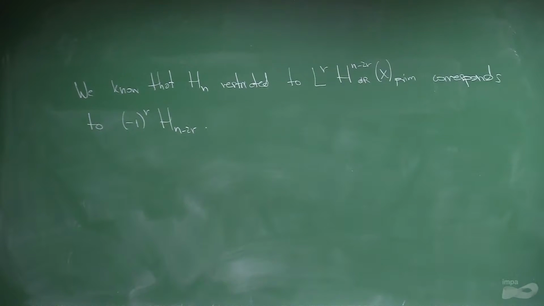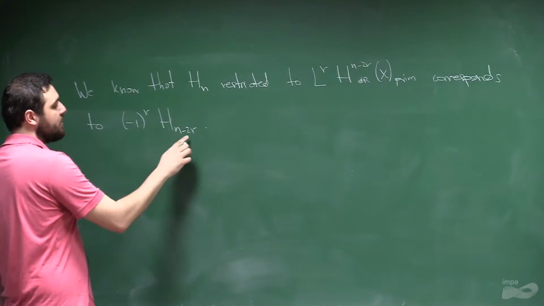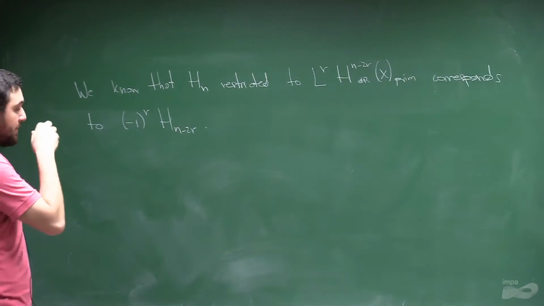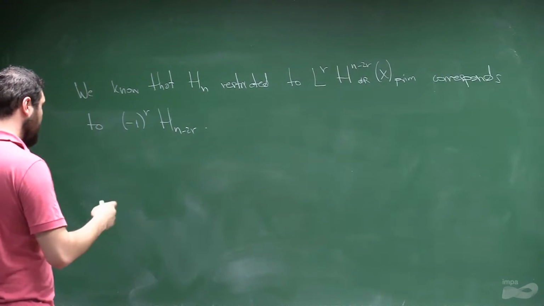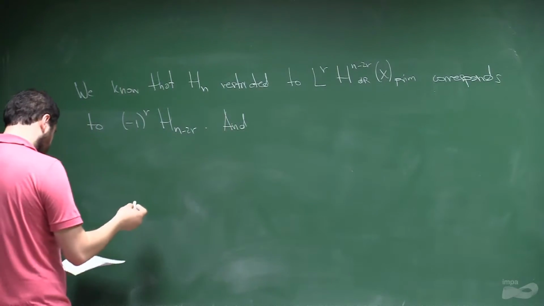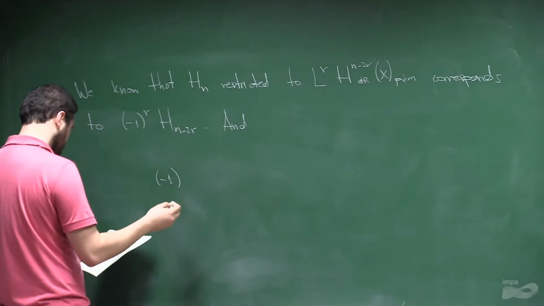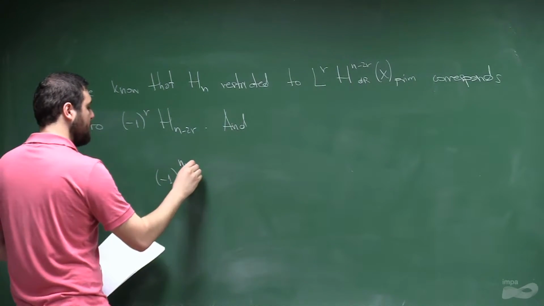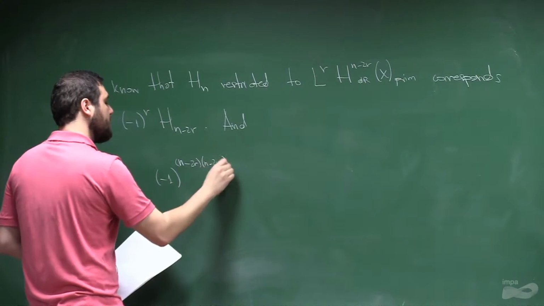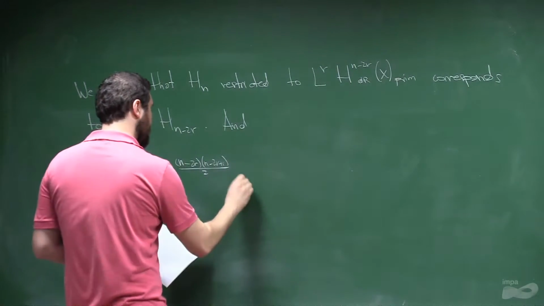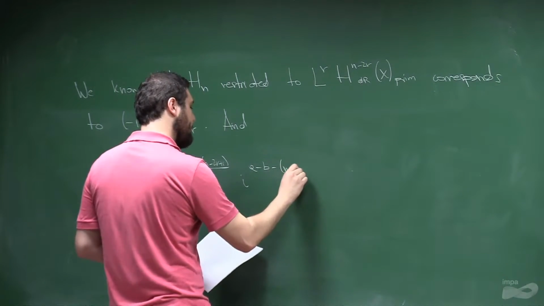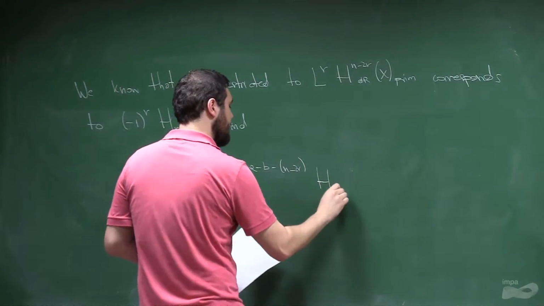Okay, and each of these h_{n-2r}, when we restrict it to the H^{a,b} cohomology group, the following thing is positive: (-1)^{(n-2r)(n-2r+1)/2} i^{a-b-(n-2r)} h_{n-2r} is positive.